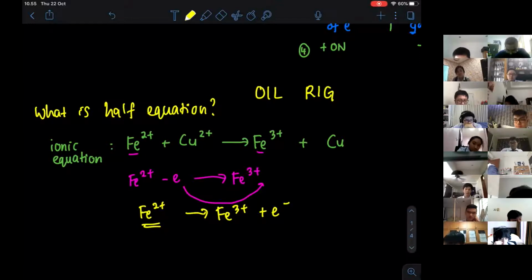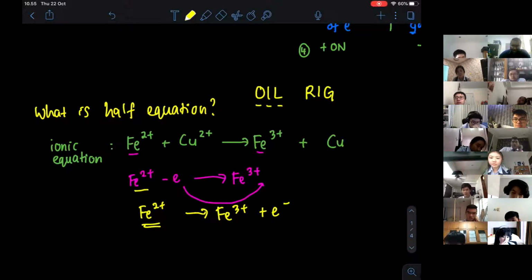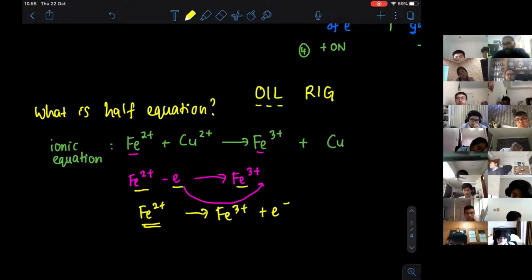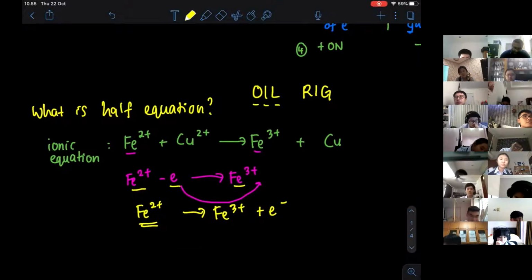Because it loses an electron. But I thought loss of electron is oxidation. No, you don't look at the charges. Fe2+ has lost the electron to give you Fe3+.